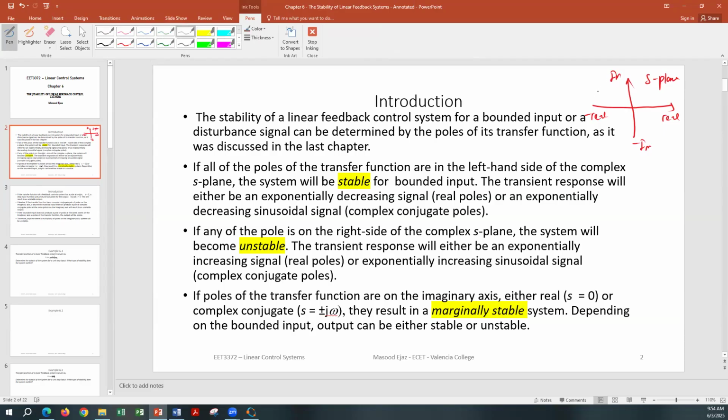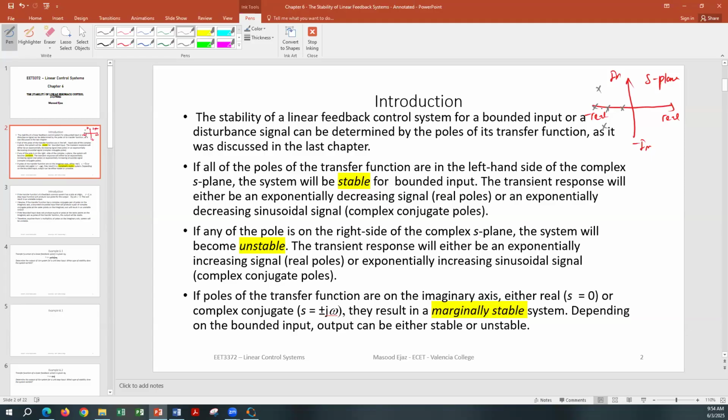And if all of the poles are located on the left side of the imaginary axis, then for a bounded input, your system is going to be stable.